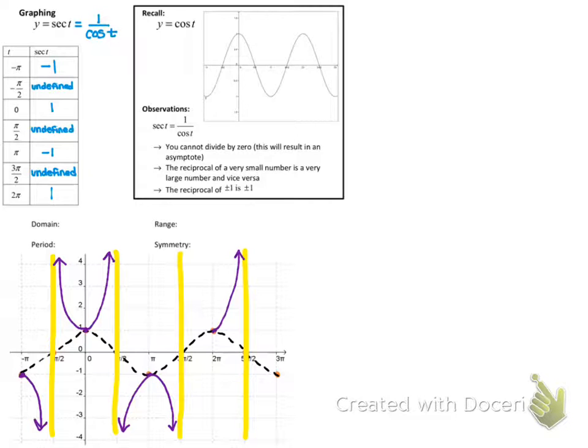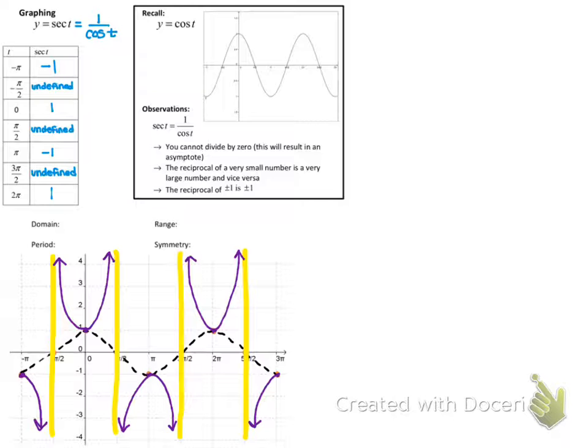For this one, since it's shifted a little bit differently than sine, we actually begin and end on just half of it. So at negative pi and 3 pi, those are just pieces of the full curve like you have in sine. Since we shifted, we kind of cut those in half.